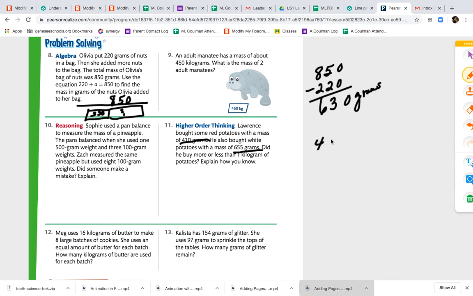If we have 410 and 655, we would have 5, 6, 1,065 grams. Is that more or less than a kilogram? I think you should be able to explain that.